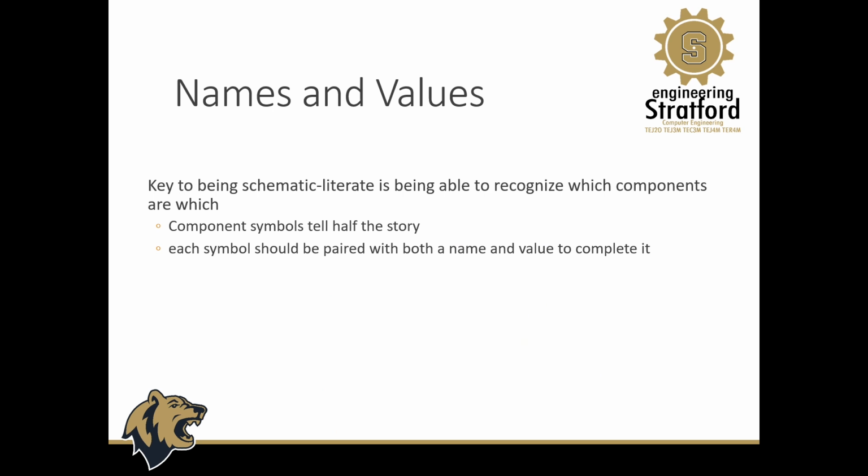Okay, so if you have a schematic that has several resistors in it, for example, how do you know if it's a 10 ohm resistor or a 10,000 ohm resistor?